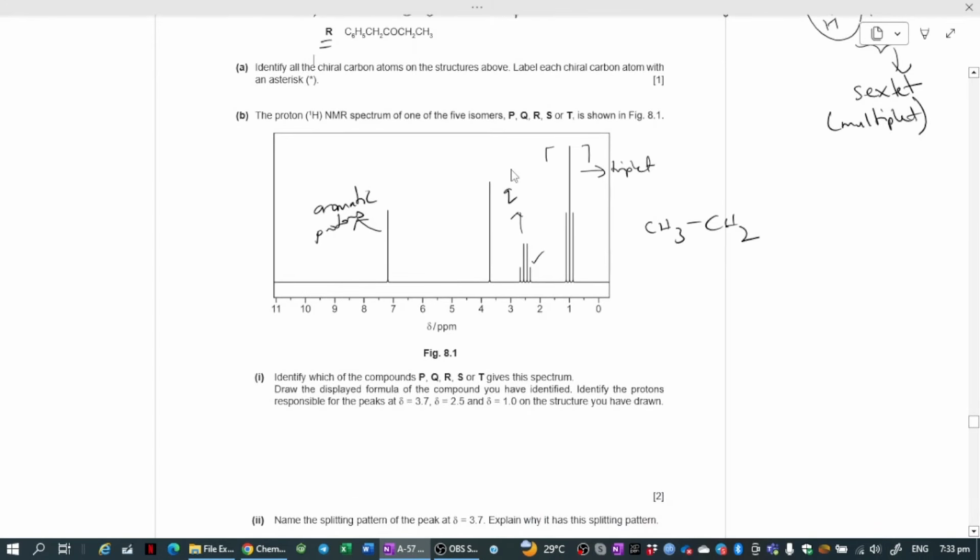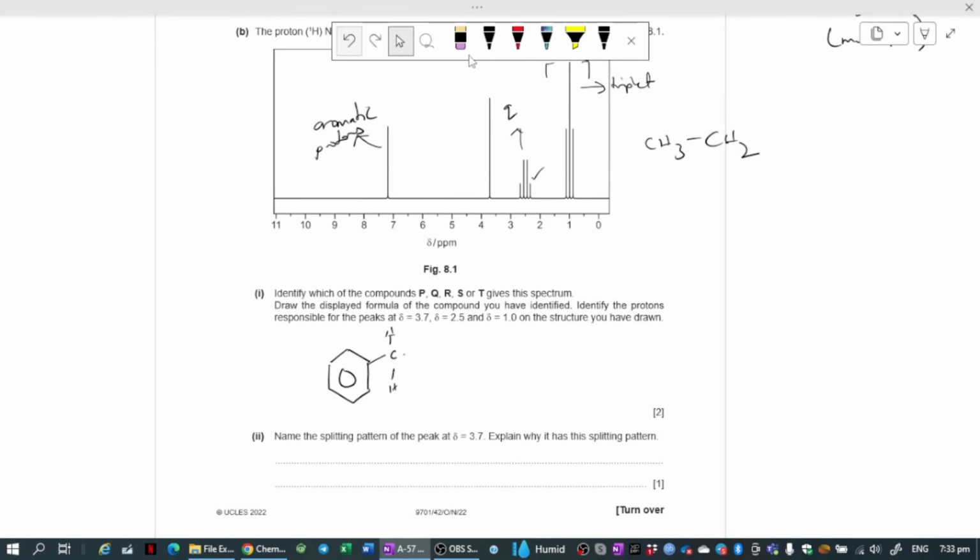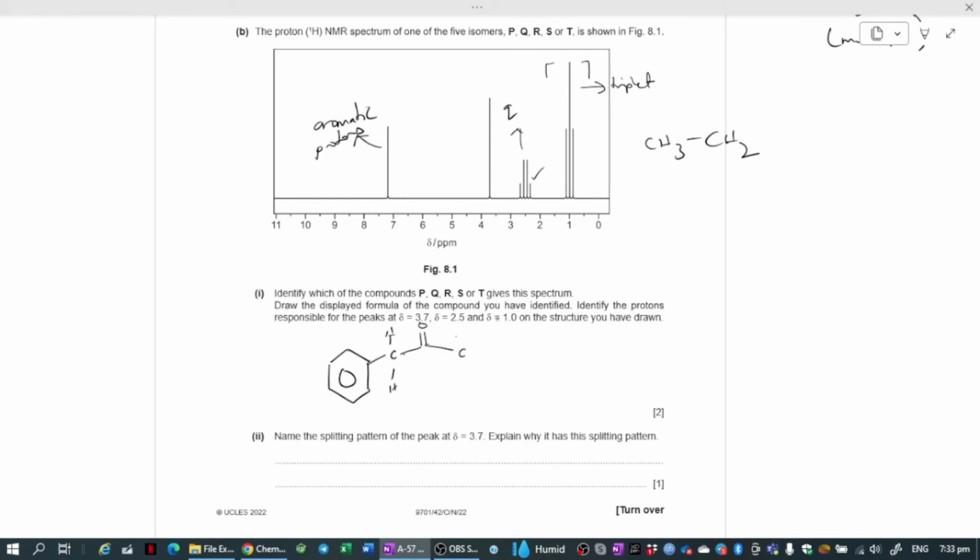And if we draw in the protons for R, if we draw in the displayed structure of R, we should see this. We have CH2, C double bond O, CH2 and CH3, and rightfully so, this CH3 is the triplet peak at delta 1.0.